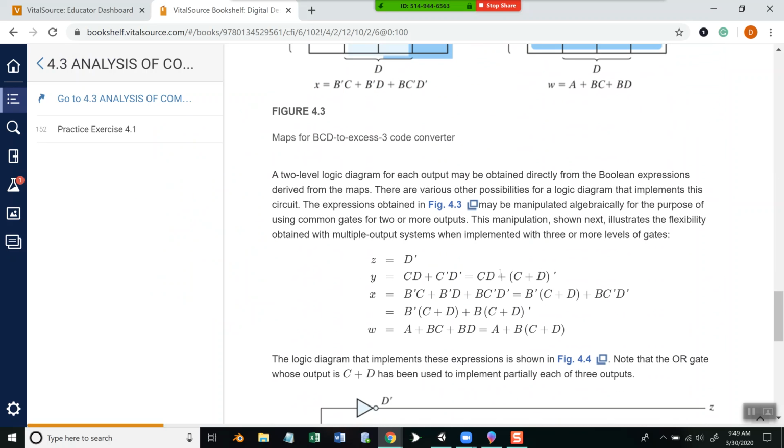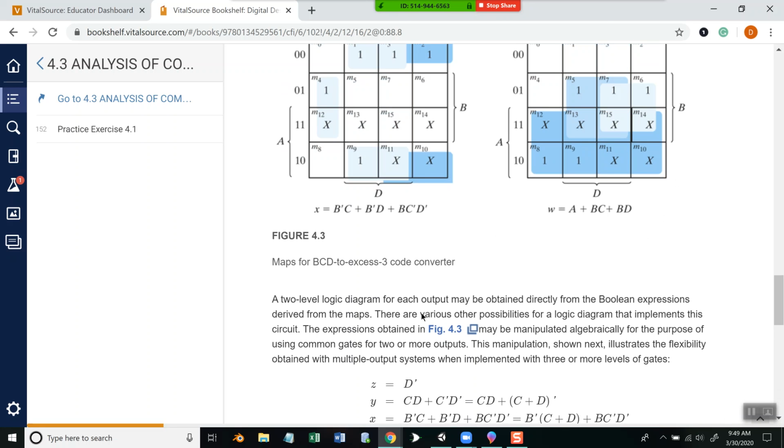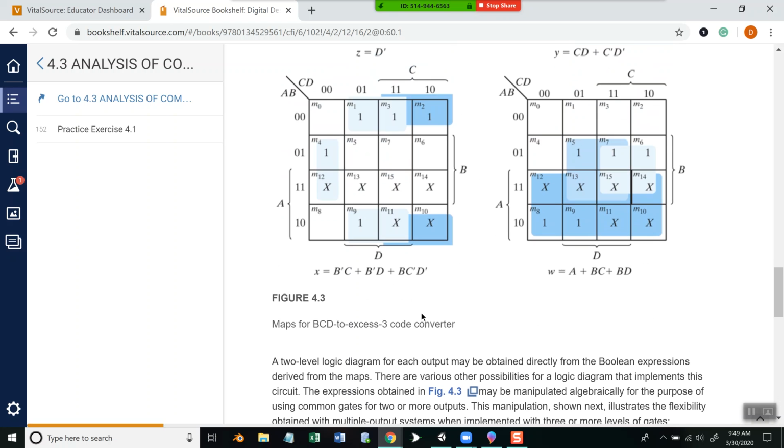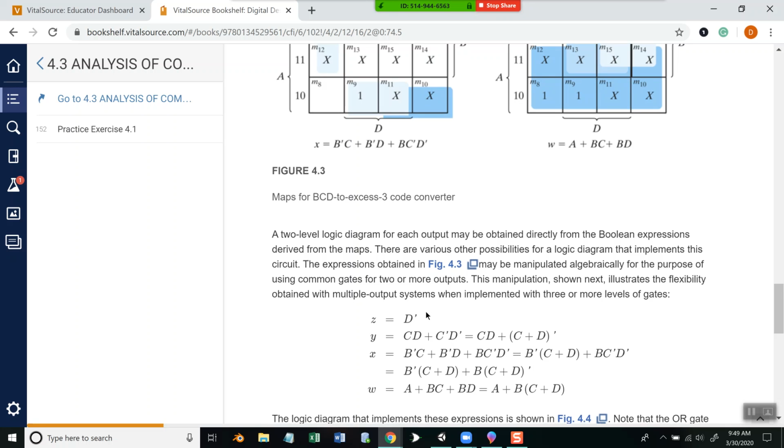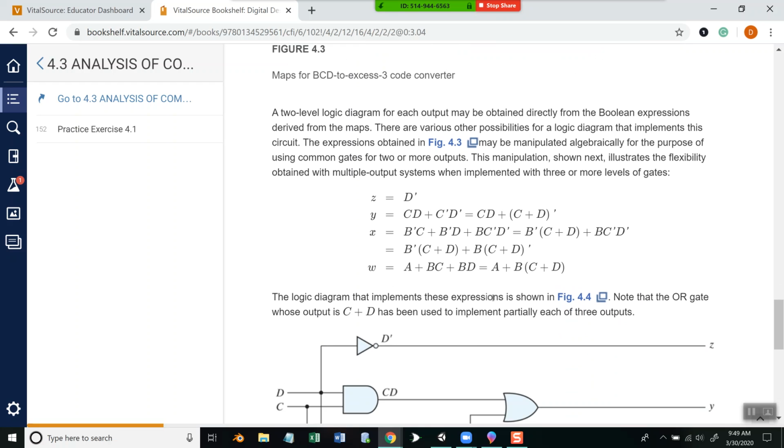Okay. So then they list all these down here. Let's see. Two-level logic diagram obtained directly from the Boolean expression is derived from the maps.